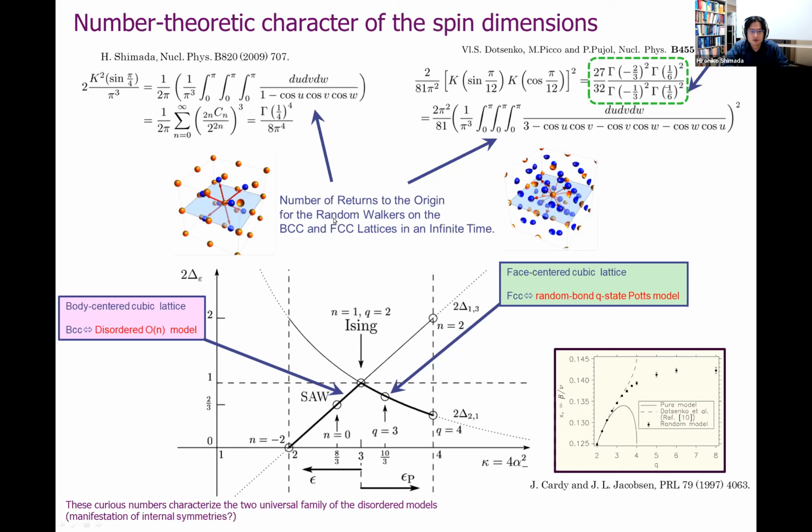Somehow the O(N) model corresponds to some return times for the body-centered cubic lattice. And in the case of Potts, it's given by return times of the face-centered cubic lattice. It's the same as the value of the lattice Green's function somehow.